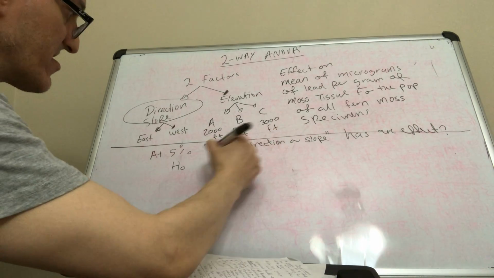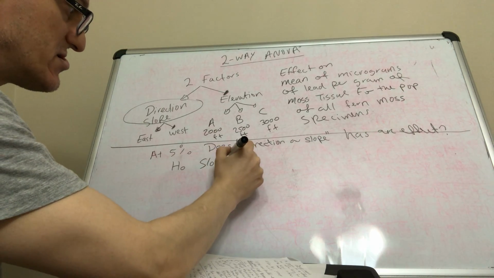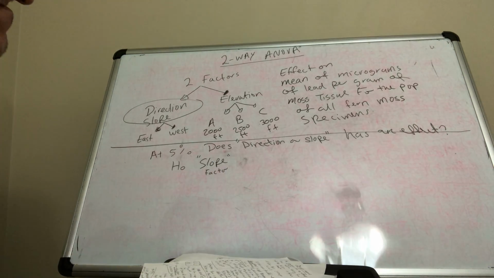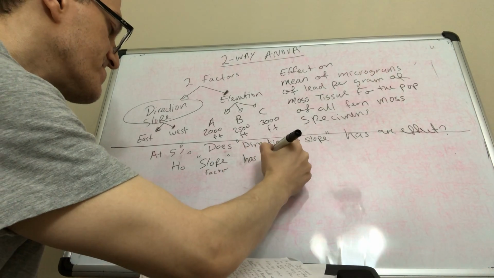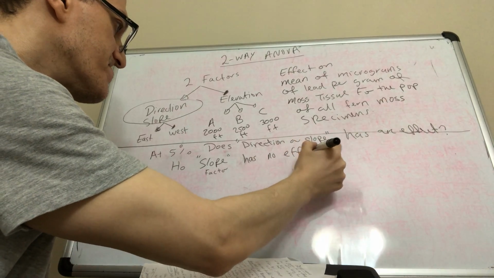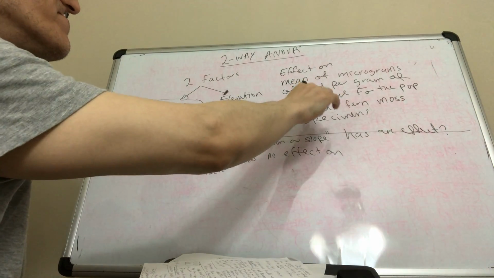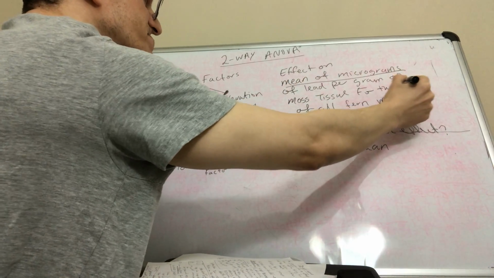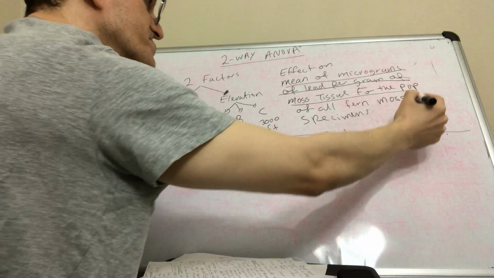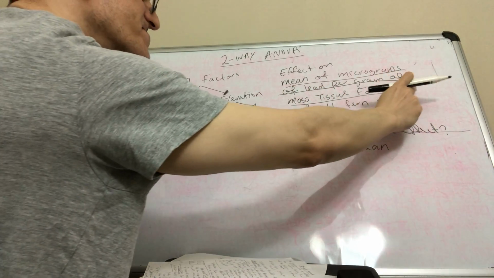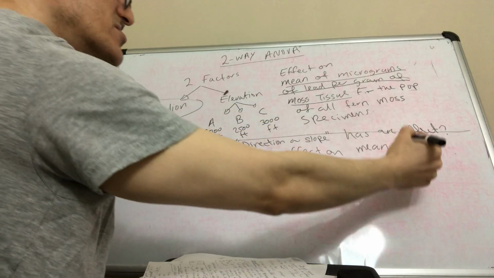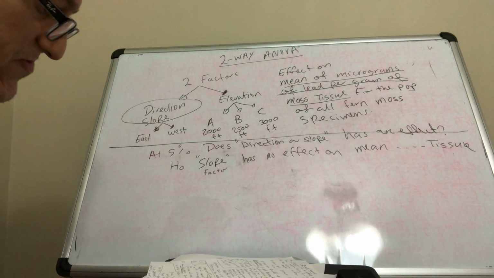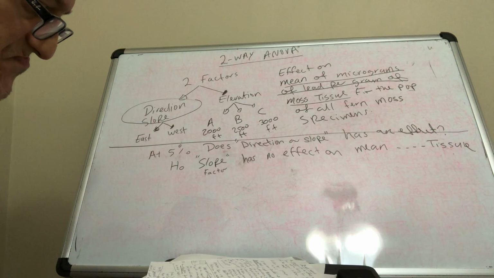You say whatever the name of the factor is has no effect on the mean of micrograms of lead per gram of moss tissue, all the way till you get to the word tissue.